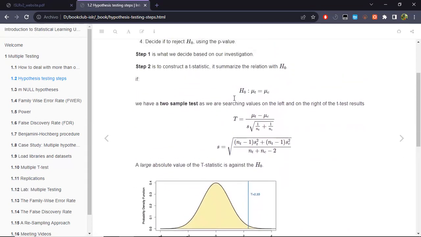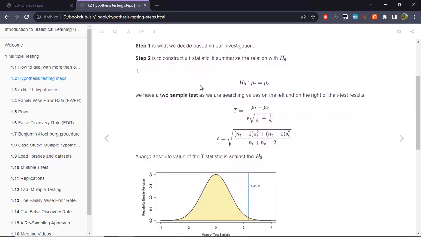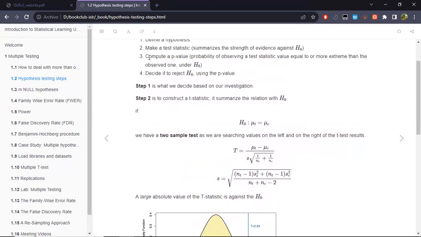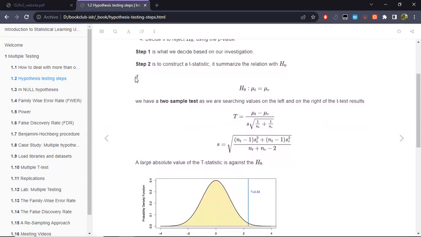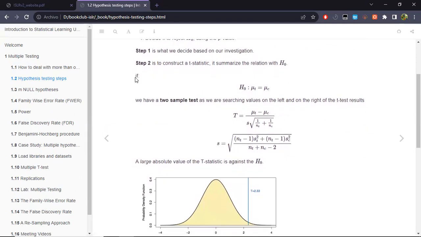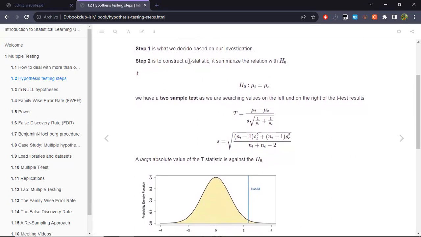A little bit more in depth about these steps. Step 1 is defining the hypothesis. It will depend on the investigation one is doing. Then we do have a little bit more flexibility in the second step, because there are many test statistics that one could construct.